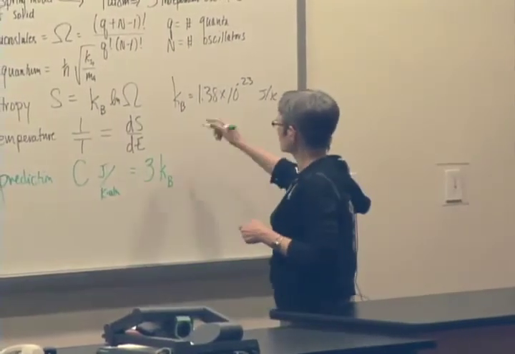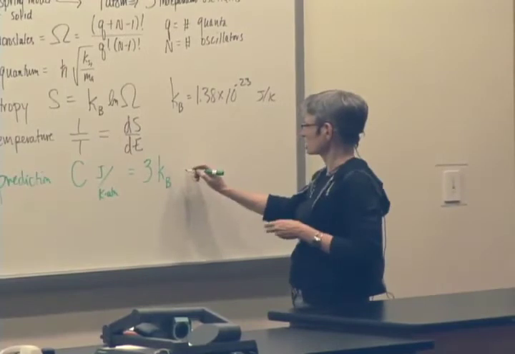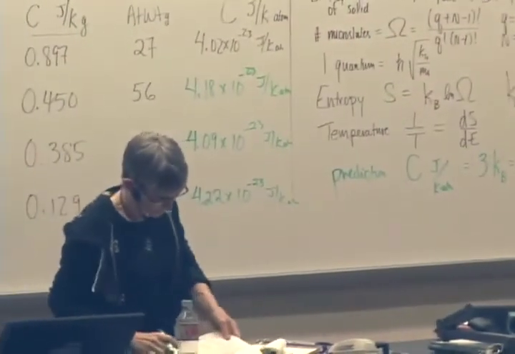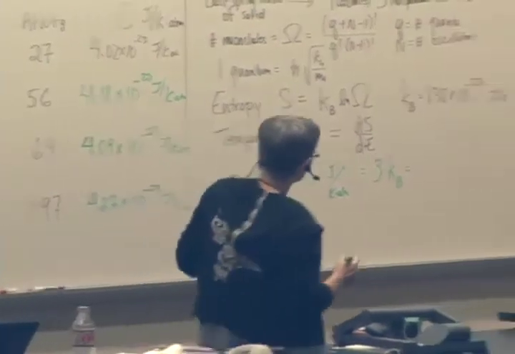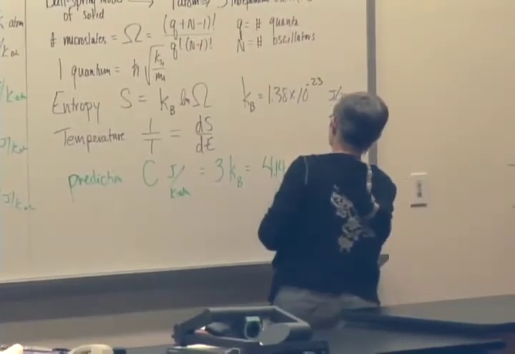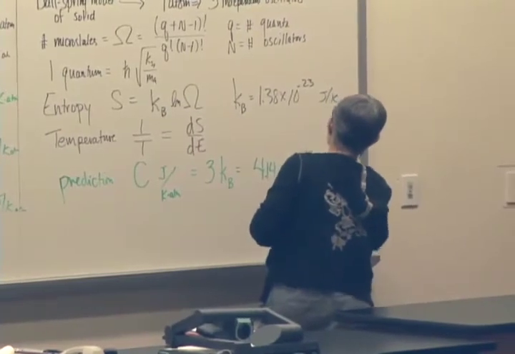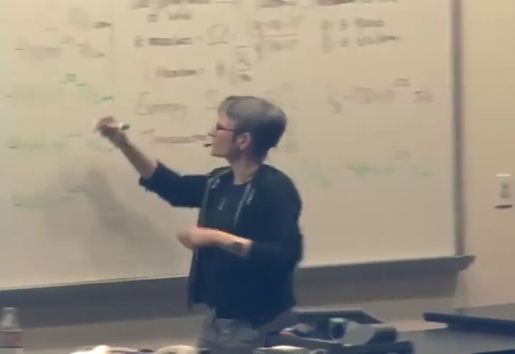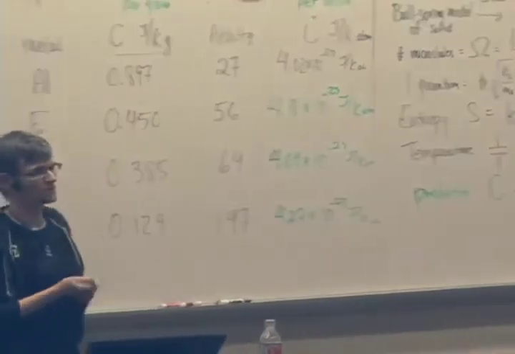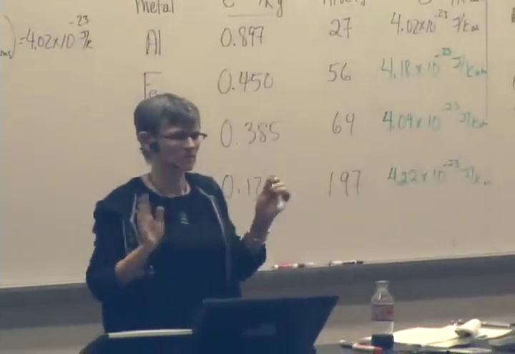And that really is pretty much what it comes out to, because 3 times the Boltzmann constant is about 4.14 times 10 to the minus 23rd joules per Kelvin. So this is pretty good.